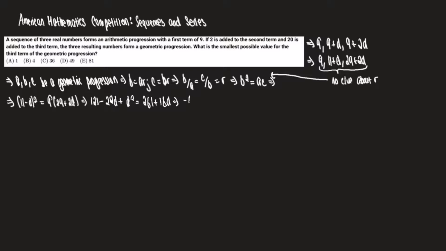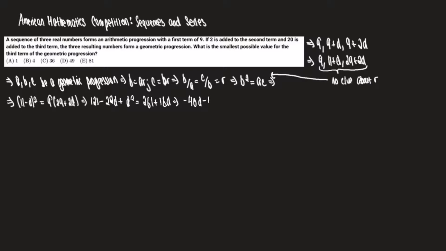So we got negative 40D, 261 minus 121, that's going to be 140.